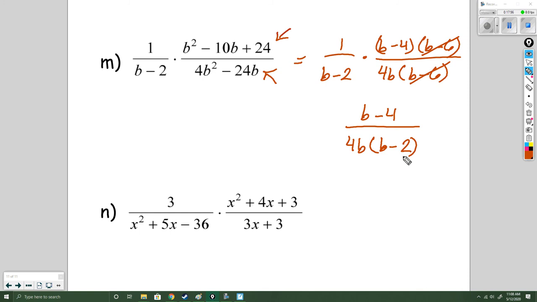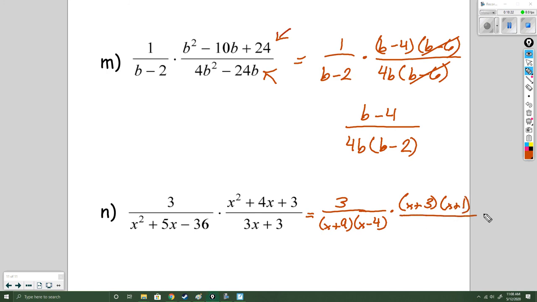Now last one is N. Let's simplify as much as we possibly can. That would be the denominator in the first fraction and the numerator and denominator in the second fraction. So the denominator in the first would simplify to be x plus 9 times x minus 4. The numerator in the second fraction would just be x plus 3 times x plus 1.